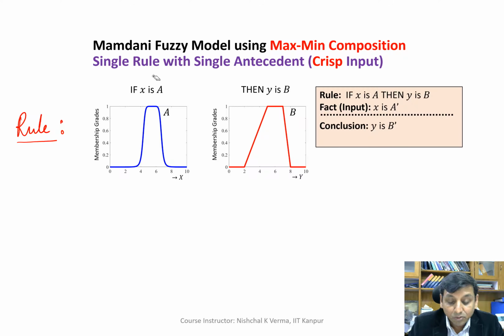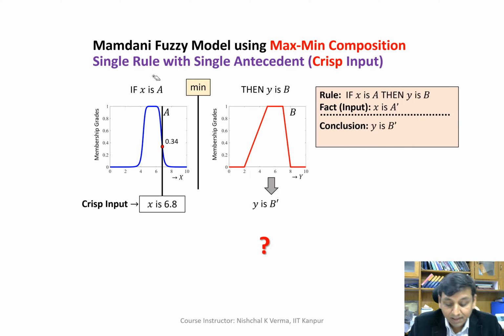So let us now apply the crisp input. The value of input x is a crisp value, which is 6.8.